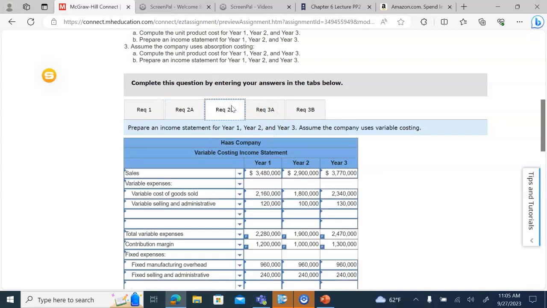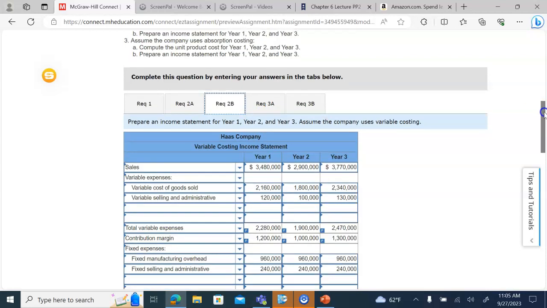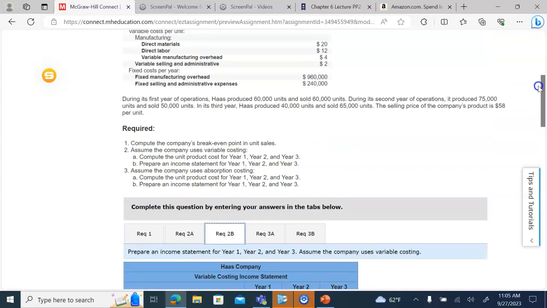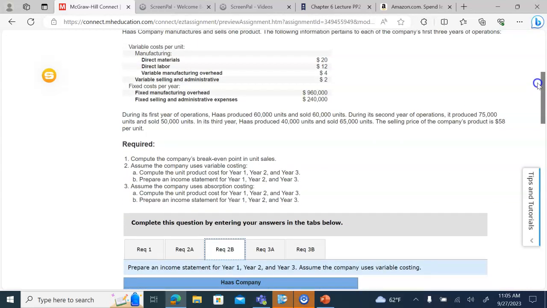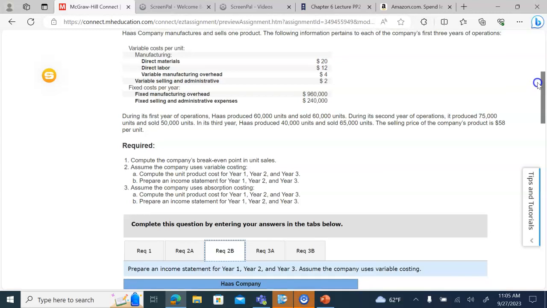For the next requirement, now they want us to prepare an income statement using variable costing. It says in year 1, Haas produced 60,000 units and sold 60,000 units.